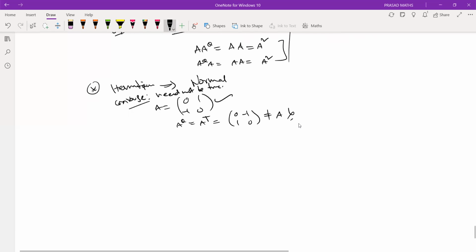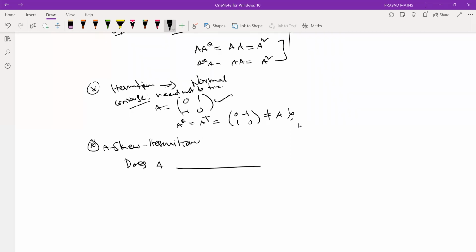Now look at skew Hermitian. If you take A skew Hermitian, does it mean that A is normal? What is skew Hermitian?